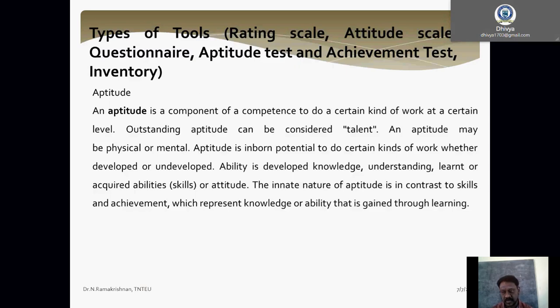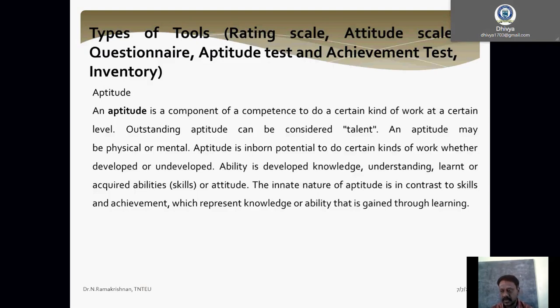For example, for engineering graduates, an engineering aptitude test is there, a mechanical aptitude test, a clerical aptitude test, a numerical reasoning test, a verbal reasoning test, and a spatial ability test. These tests help the employer to identify the right person for their jobs.